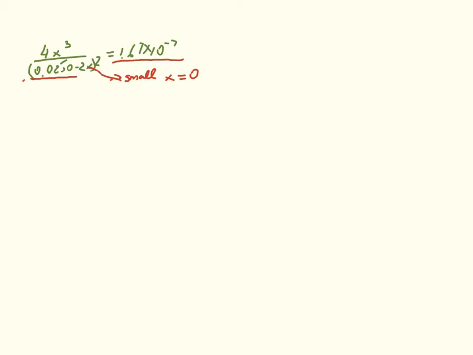Okay, if so, what will we have? We will have 4x cubed over 0.0250 squared equals 1.67 times 10 to the power negative 7.